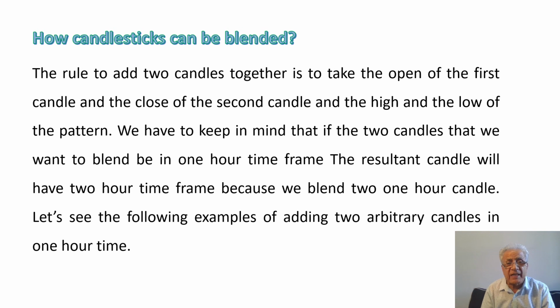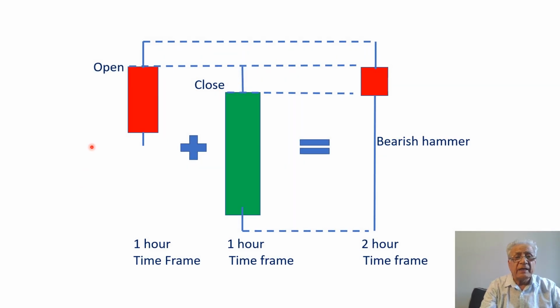Let's see the following examples of adding two arbitrary candles in the 1 hour time frame. In this graph, we have two candles. The first one is a bearish candle. The second one is a bullish candle. Both of them are in the 1 hour time frame. Each candle represents 1 hour of trading.